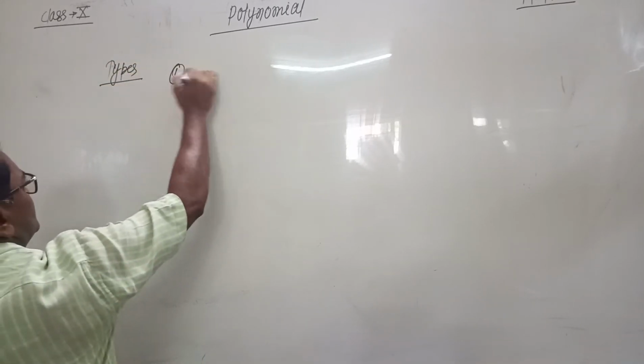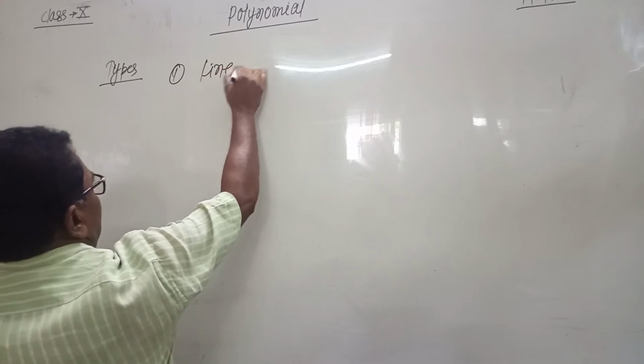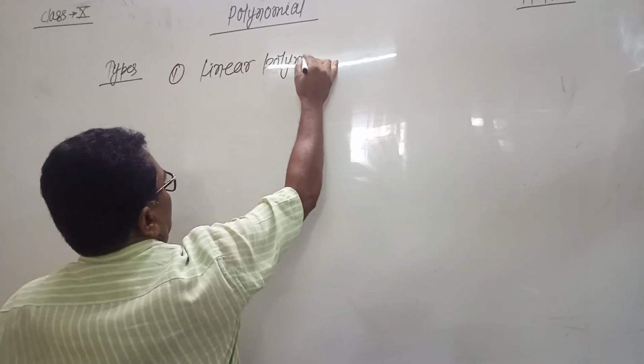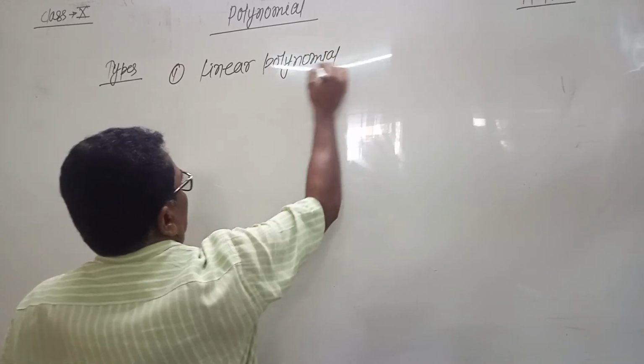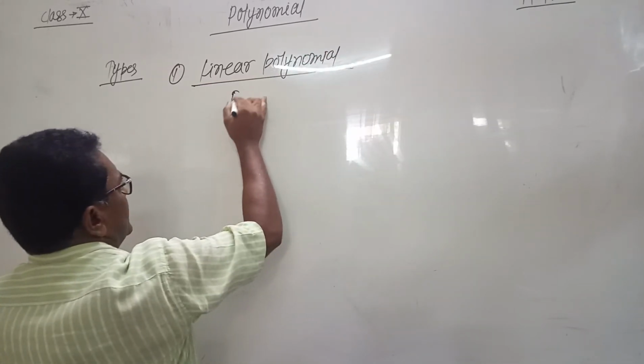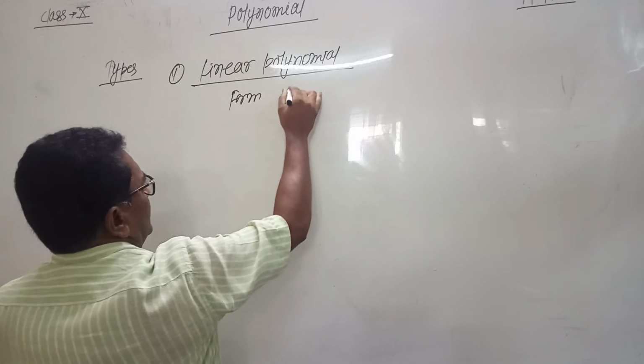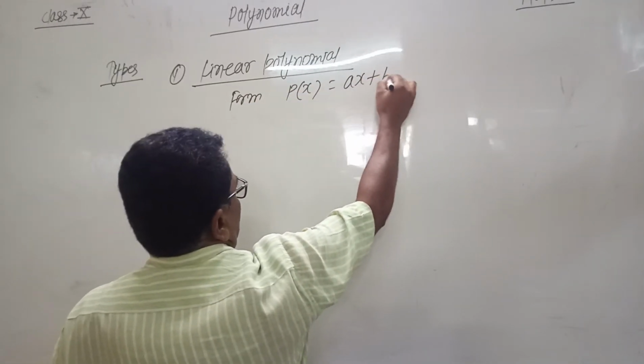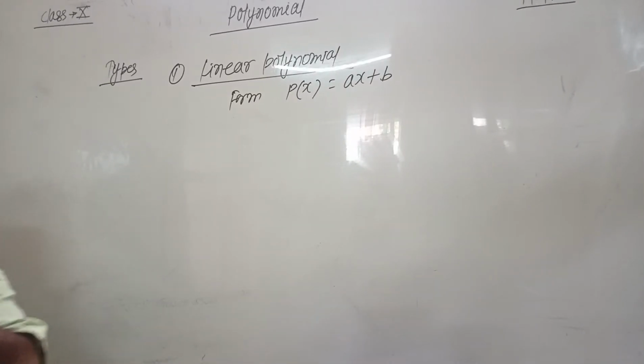The first is linear polynomial. The form of a linear polynomial is px equals ax plus b. It means the degree of the polynomial is 1, the highest power of x is 1.